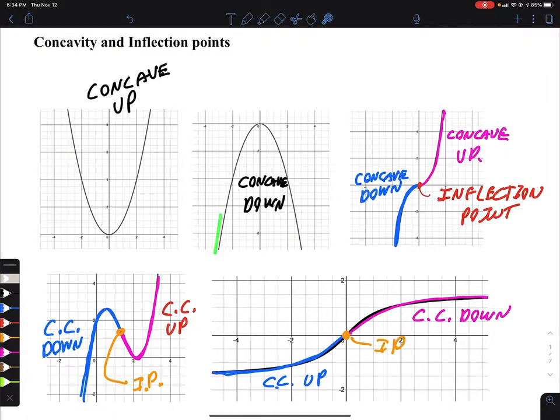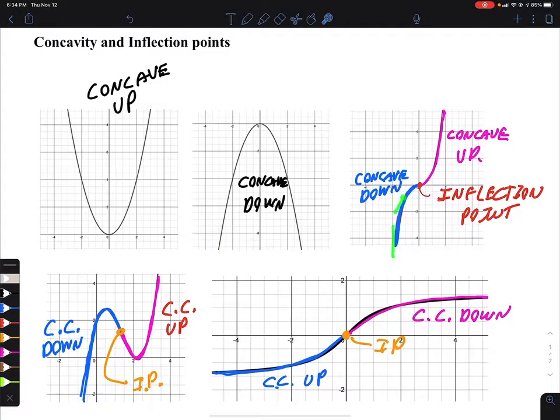Big positive, smaller positive, 0, small negative, bigger negative. So as I move left to right, these slopes keep getting smaller and smaller, which means the derivative is decreasing. So the other thing to learn is when you have a function that's concave down, the derivative is going to continue to decrease. Okay? Watch this.